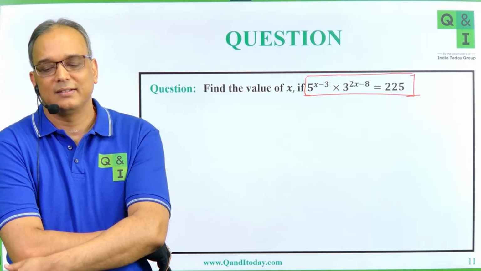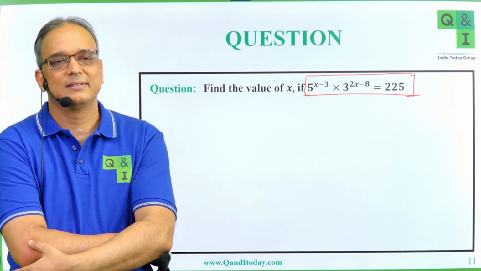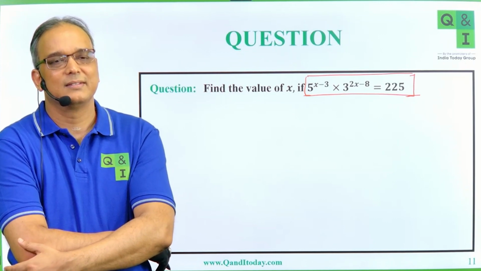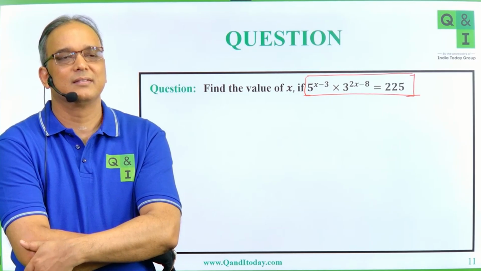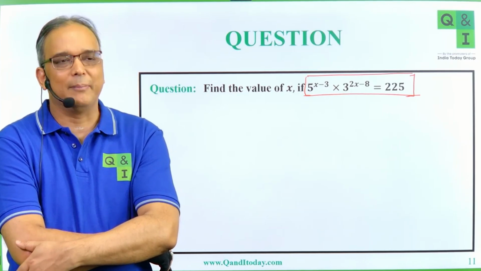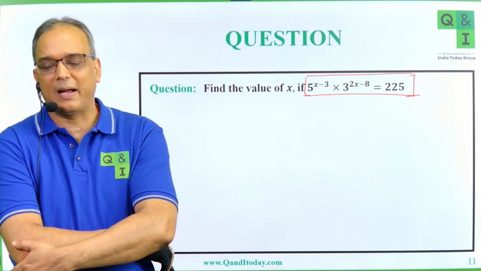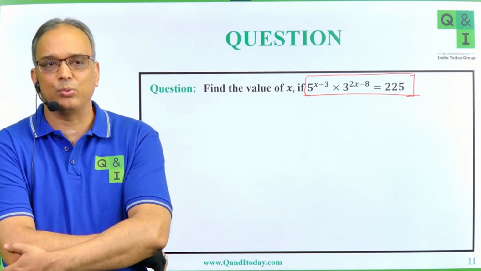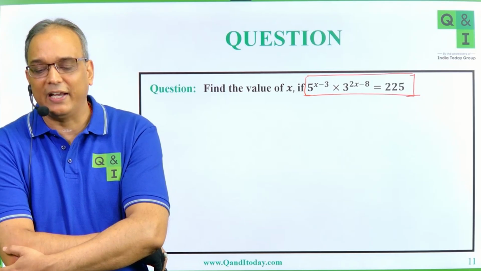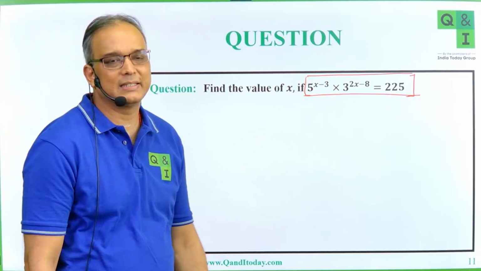Yes, sir. So then what you'll do after that? Sir, if the bases are equal, we will match them, and the power will also be equal. So we will compare the powers of the bases. Yes, sir. 3 to the power 2 will be compared with 3 to the power 2x minus 8, and 5 to the power 2 will be compared with 5 to the power x minus 3.